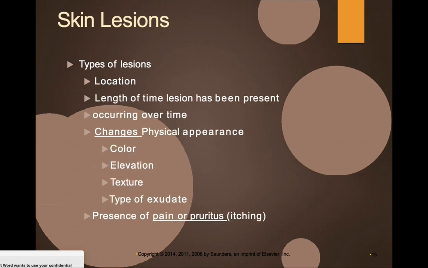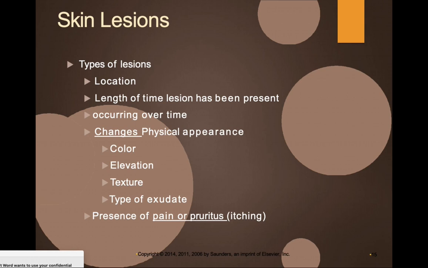The type of lesions, we have to consider their location, where they are, the length of time that the lesion has been there, and occurring over time. We have to also consider the changes of the physical appearance and how long it takes for those changes to occur. We have to look at the color.